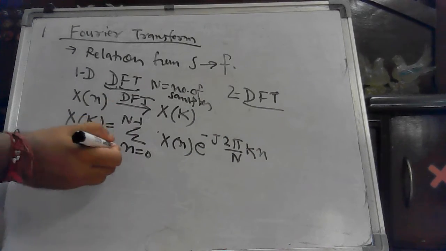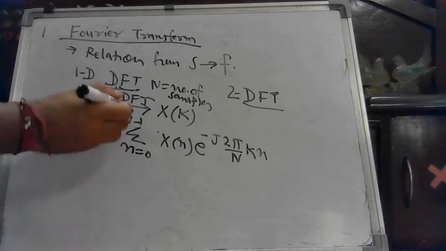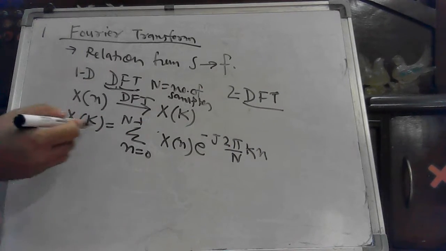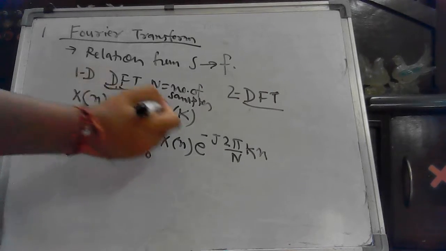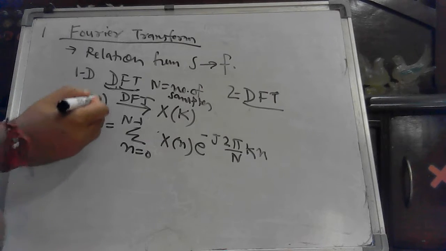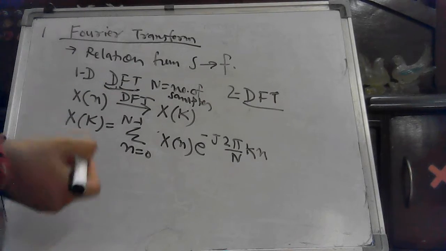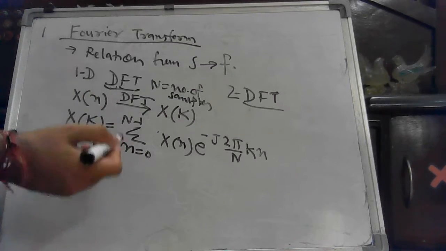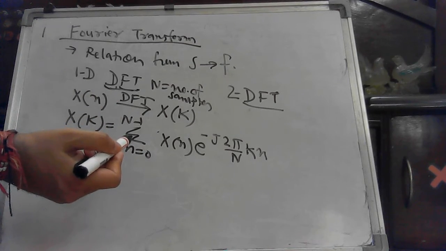Small n is clear to you: it will vary from 0 to capital N minus 1. X of k is a one dimension Fourier transformation from a signal in spatial domain to frequency domain, taking all samples 0 to N minus 1.